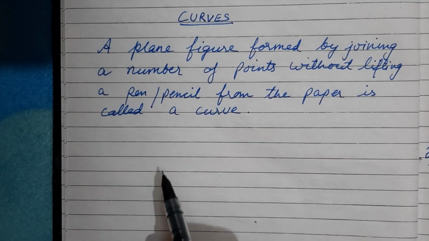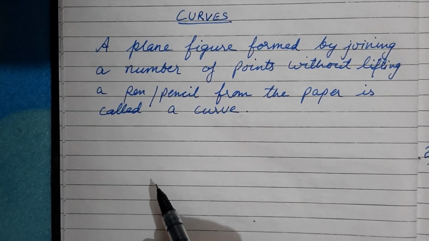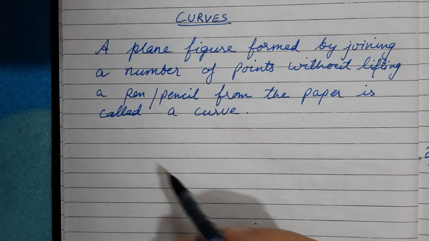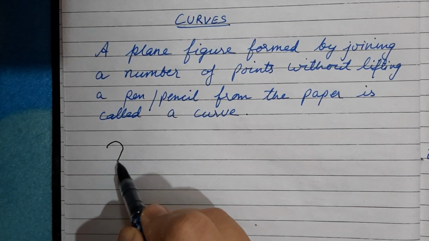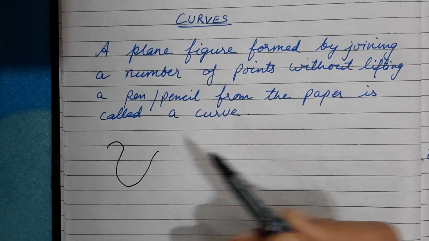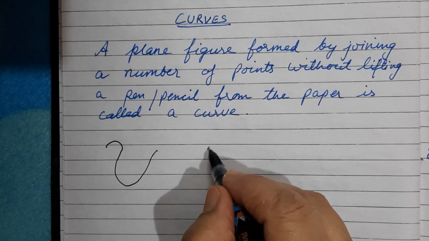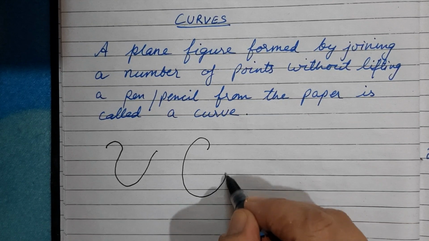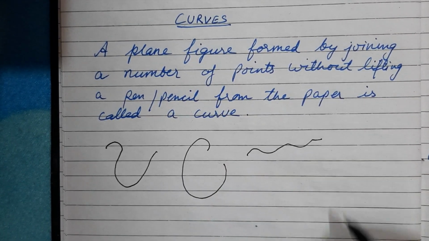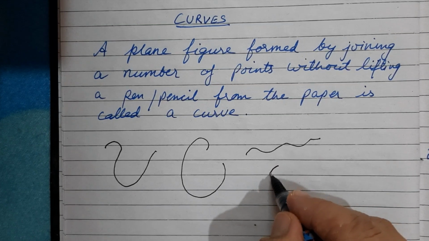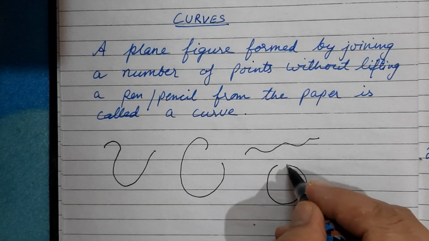It means, children, whatever we doodle without lifting a pen or pencil is a curve. Like I have started. This is a curve. Without lifting pen or pencil, all are curves. This is a curve. This is a curve.